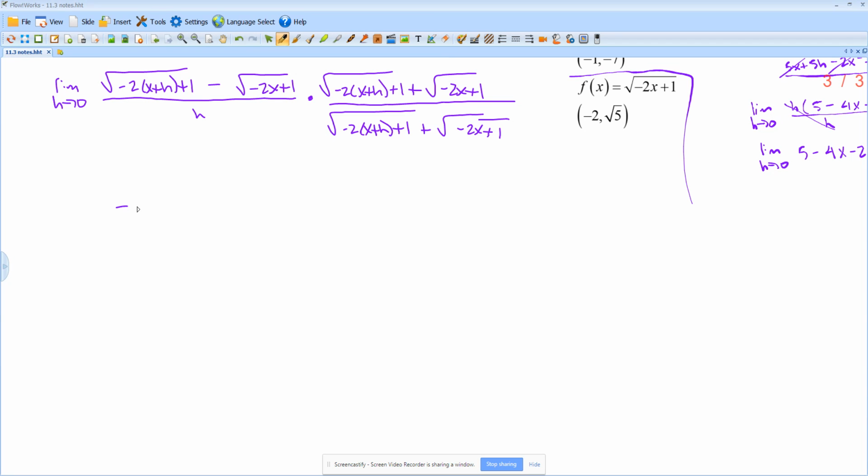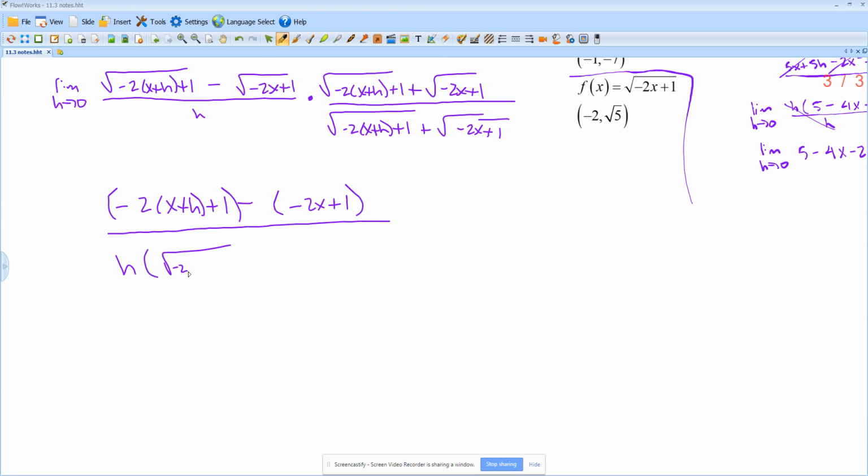So this will become negative 2x plus h plus 1 minus negative 2x plus 1, and I'll just put parentheses around here for consistency's sake, over h times square root of negative 2x plus h plus 1 plus square root of negative 2x plus 1.